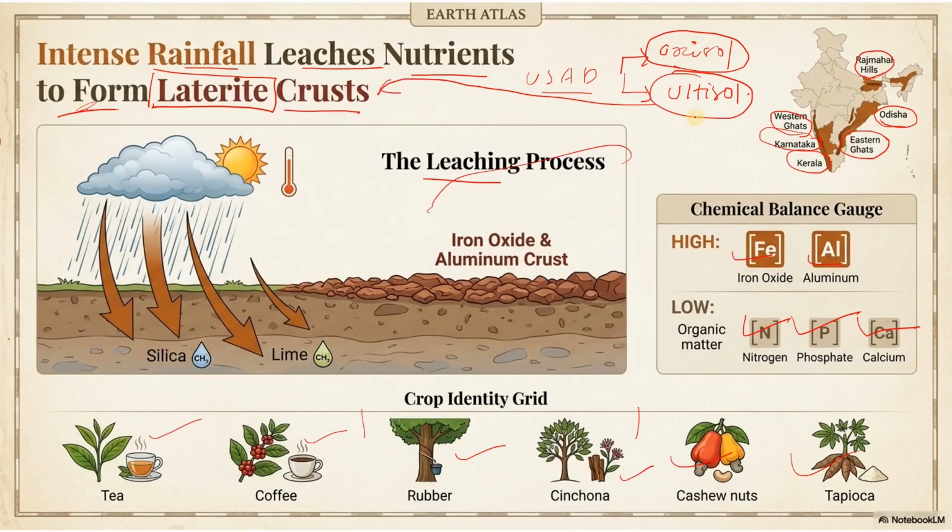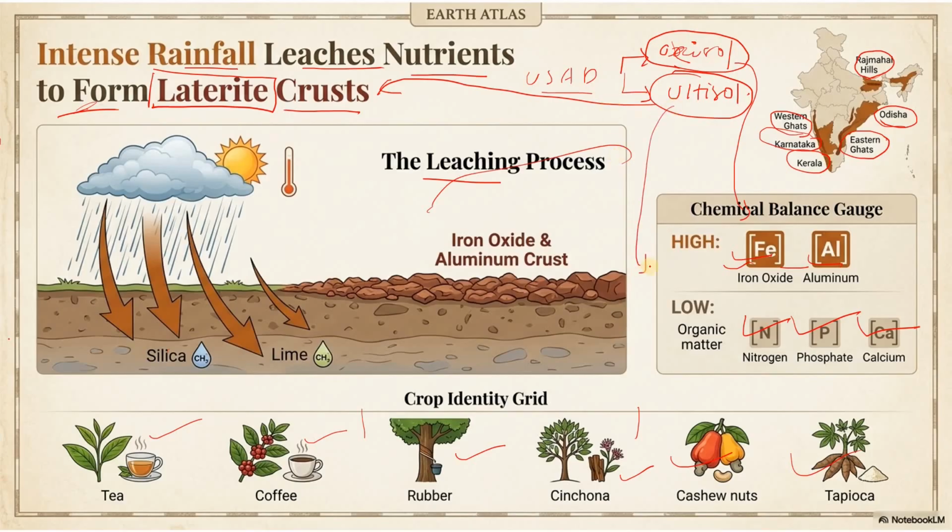That is, the laterite soil is also known as the oxisol and the ultisol. Oxisol is characterized by an oxic horizon consisting of highly weathered residual accumulation of iron and aluminum oxide. What it has is highly oxidized iron and aluminum with virtually no primary weatherable minerals.